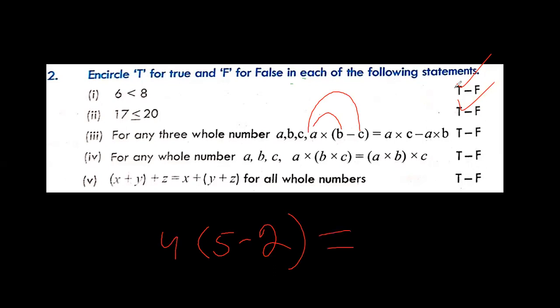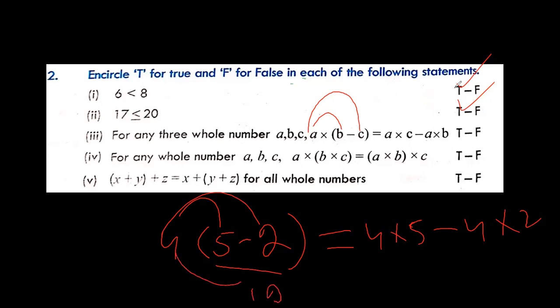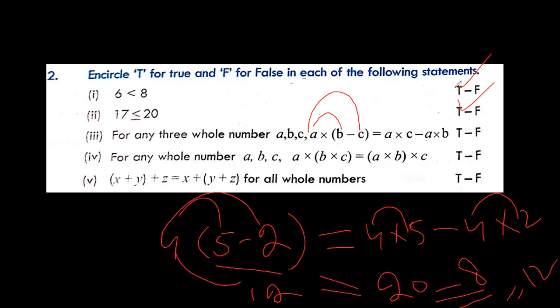So 4 with 5 minus 4 with 2. From the left hand side, what are we getting? 3, and 3 fours are 12. Checking the right hand side, 4 fives are 20 minus 4 twos are 8. So after this, what are we getting?